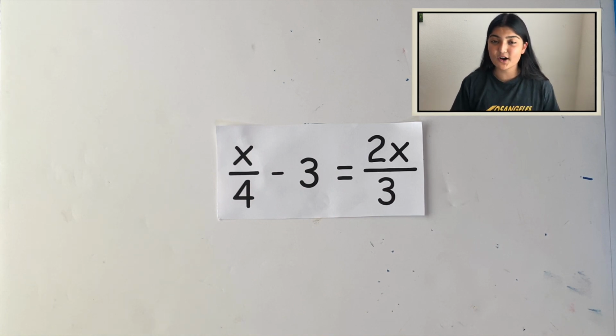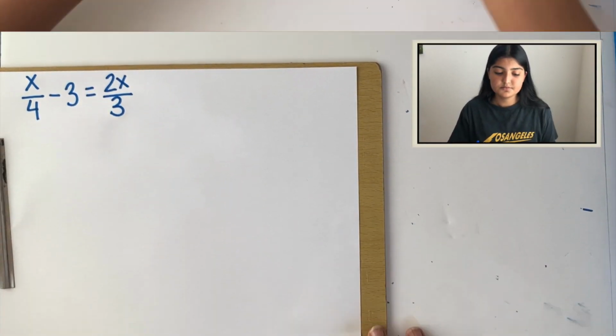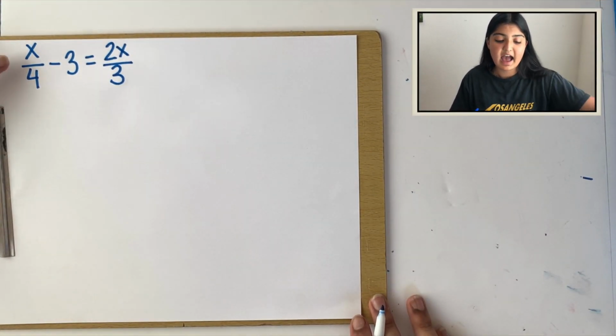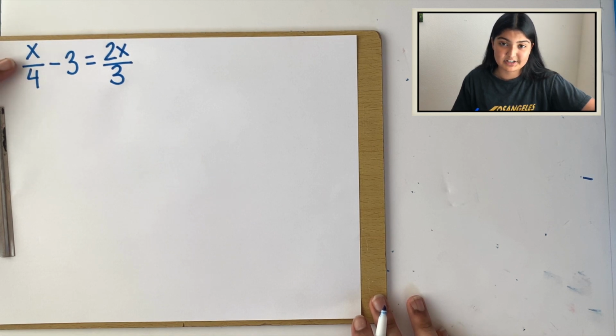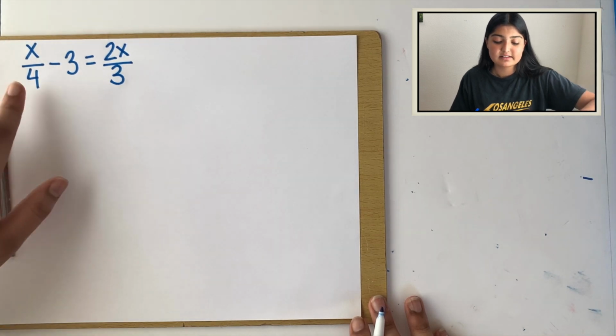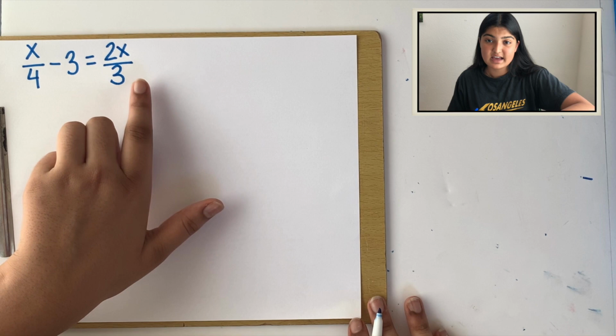Well, let's start by writing this again. Here, I have rewritten the equation. So now, let's take x over 4 to the other side of the equal sign.